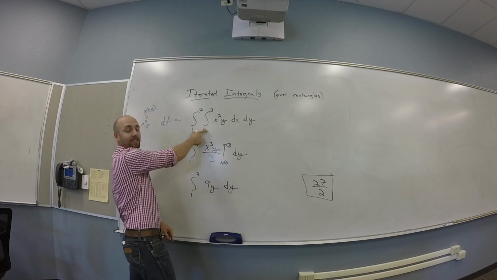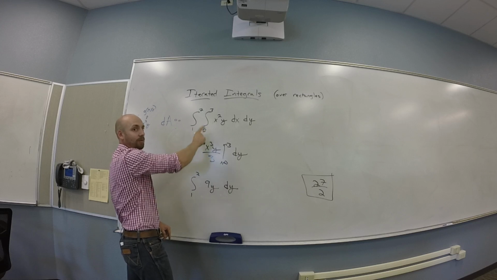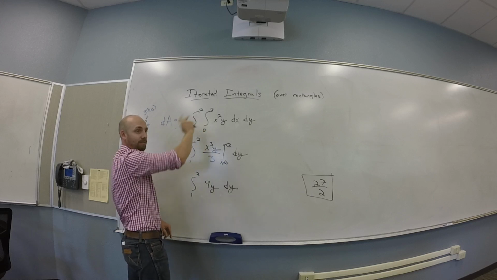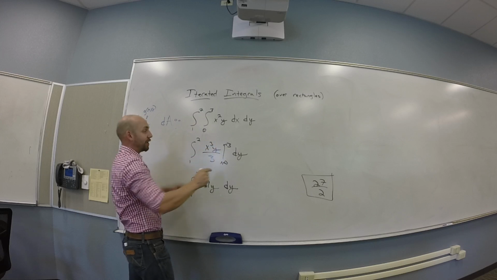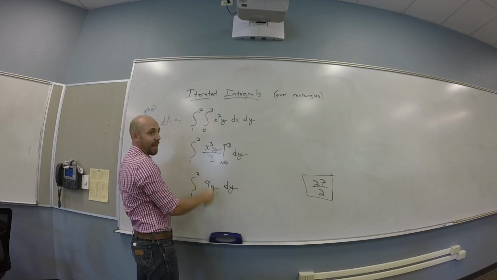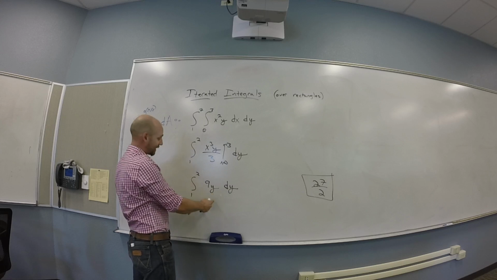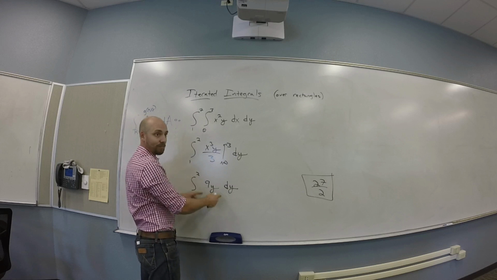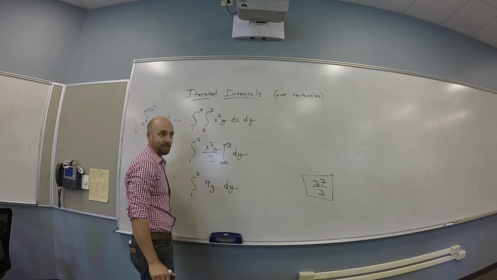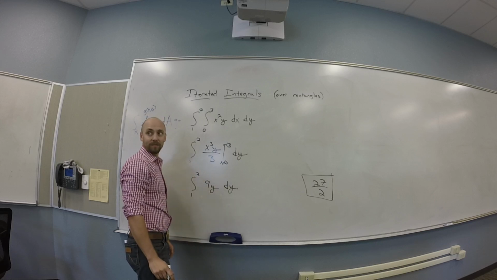In a minute here, we're going to get to the point where we construct these things, the bounds. And over more general regions, you might have some formulas in there. But this always holds. Once you've integrated the x's, they should be gone. If there are still x's in this thing, you got problems because you won't get a number out at the end. You guys see that?